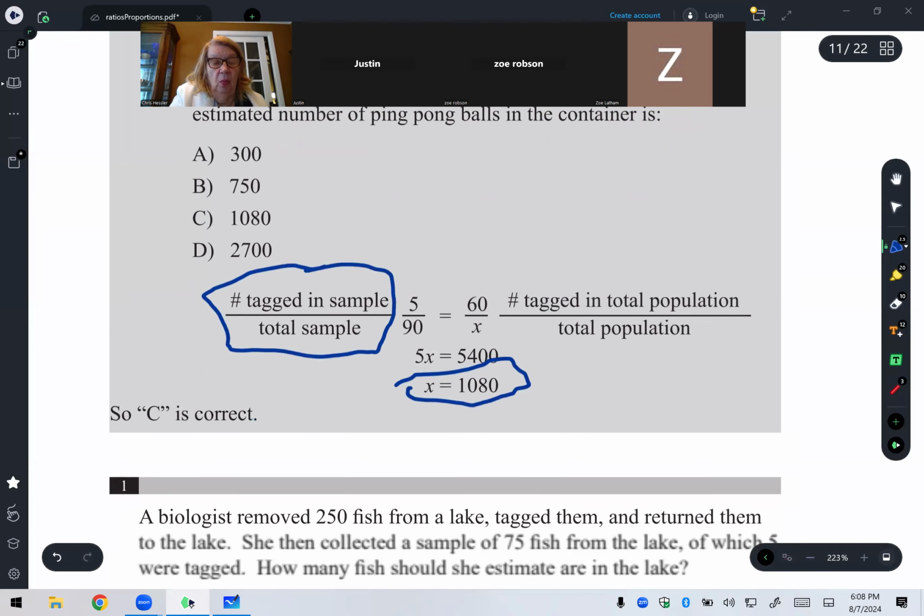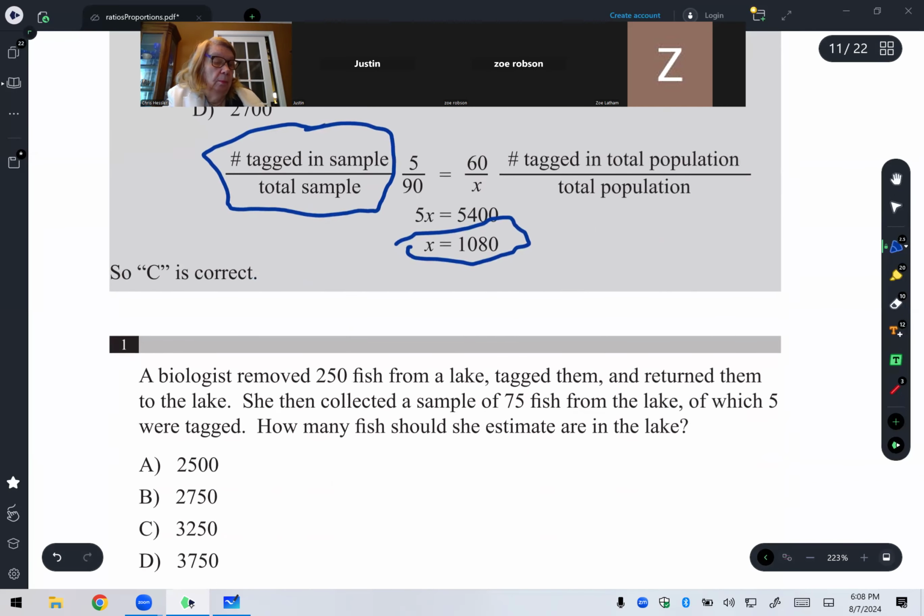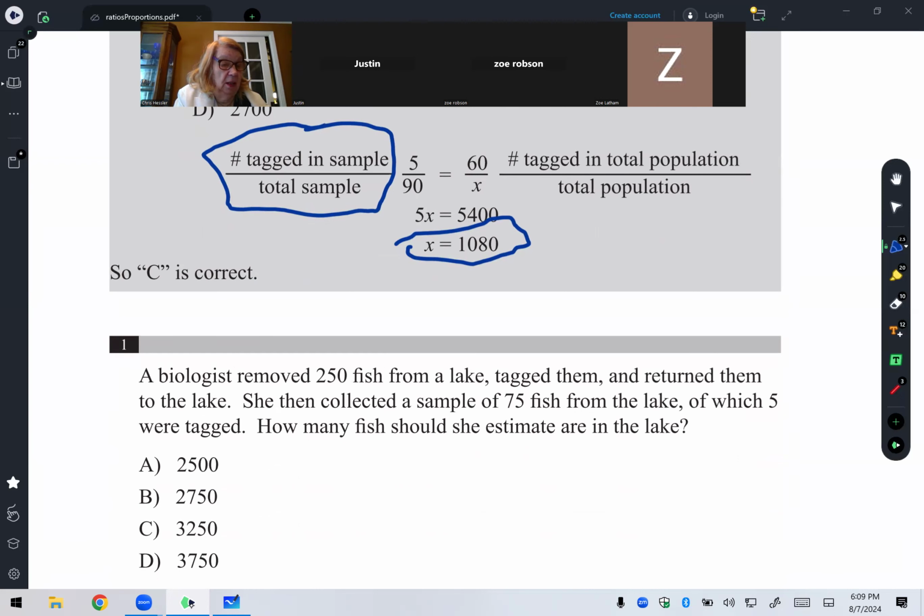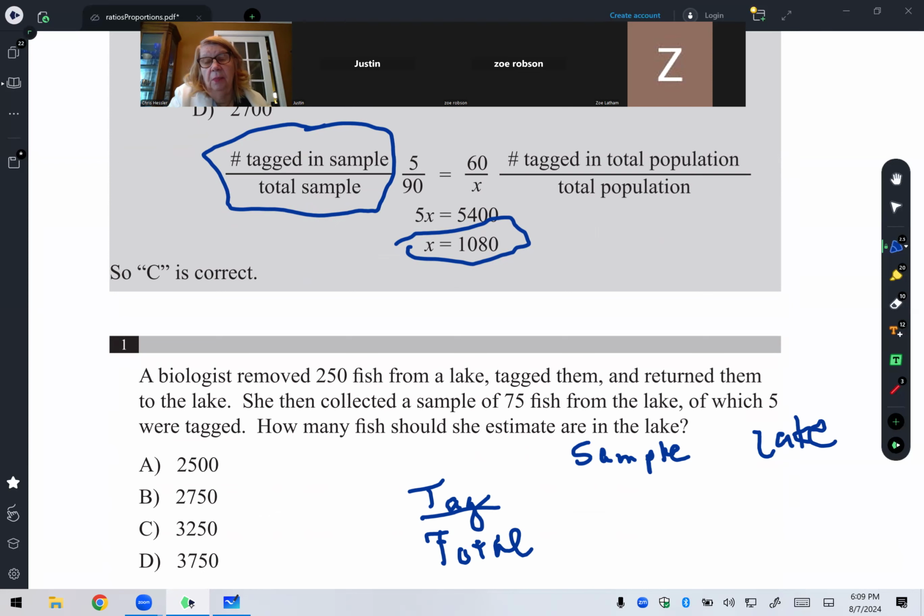So let's try number 1. A biologist removes 200 fish from a lake, tags them. So we're going to put tag over the total. Here's our sample. And here's the whole lake. I don't know if you've ever done any work with this. Some people who took environmental biology would have had to work with this.